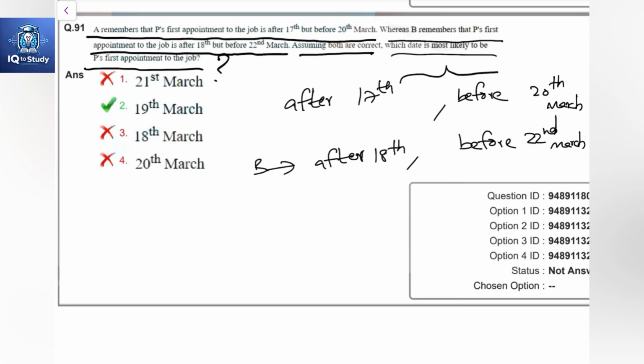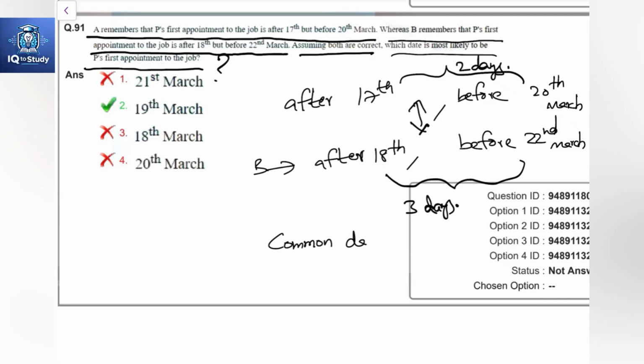There are 2 days between 17th and 20th, and here 3 days between 18th and 22nd. In between these dates, the common date is 19th. So 19th March is most likely to be P's first appointment to the job, which is option 2.